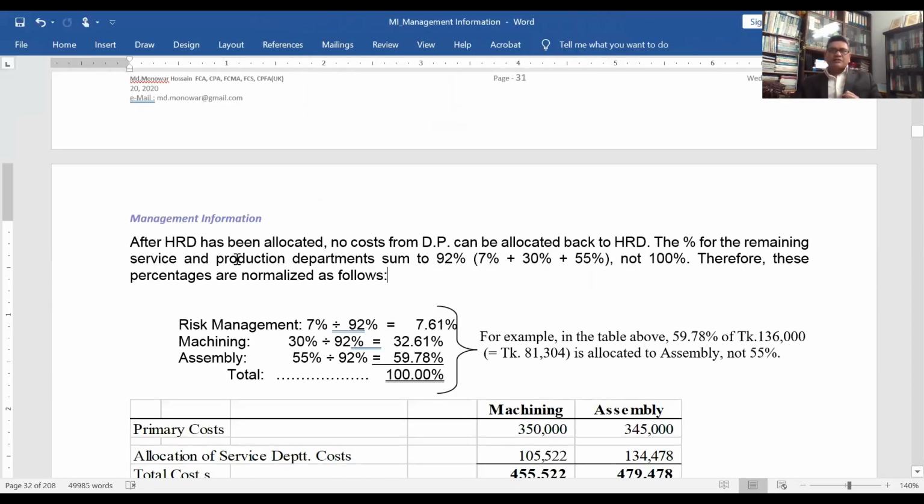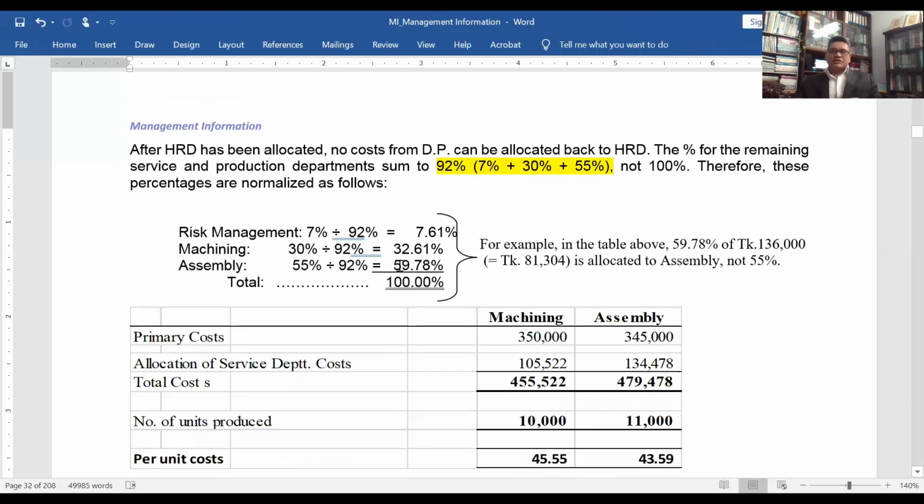Look here, after HRD has been allocated, no cost from data processing can be allocated back to the HRD. The percentages of the remaining service and production departments sum to 92%, not 100%. Therefore, these percentages are normalized as follows. Look here, how this percentage is normalized. Risk management 7% divided by 92% equals 7.61%.